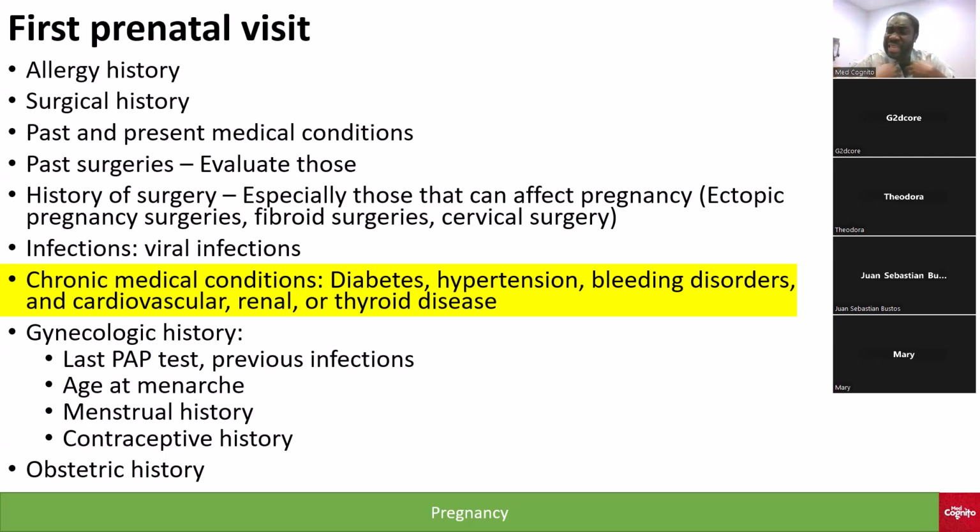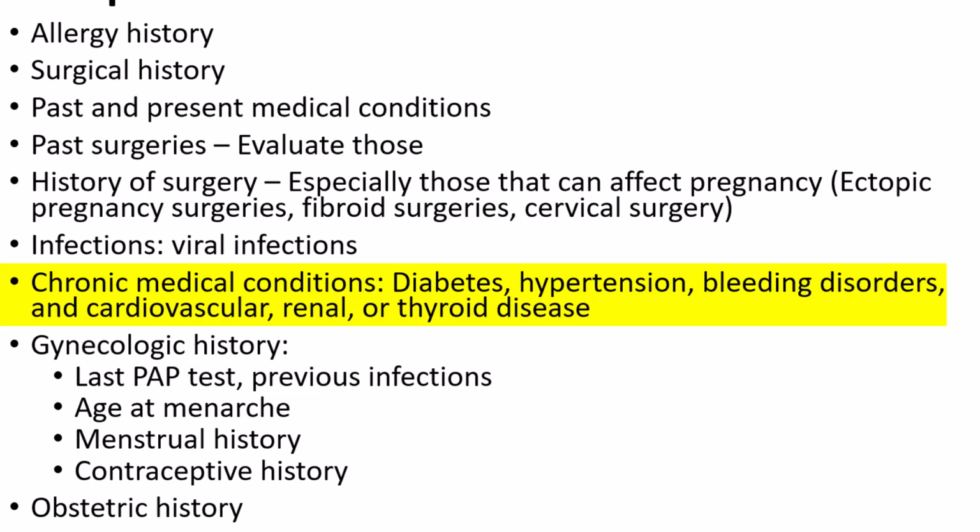If the patient has any cardiovascular disease and the patient is in labor and straining to deliver, they can even get a cardiovascular compromise and they can be in trouble. Kidney disease and thyroid disease. When patients are pregnant, their thyroid demands go up. So you want to find out all these things so that if you need to adjust medications, you do so. Please, are we all on the same page?